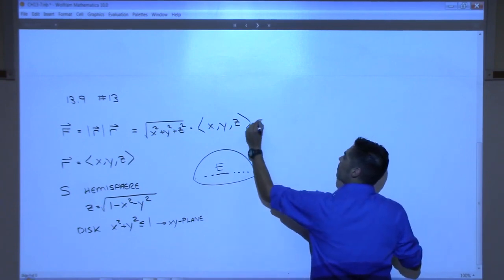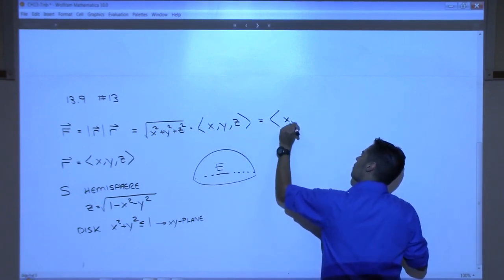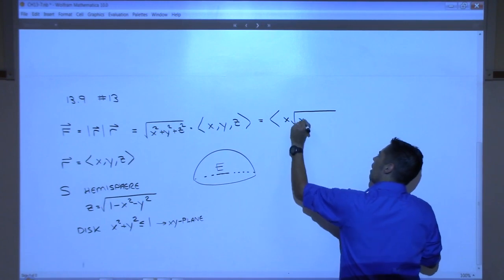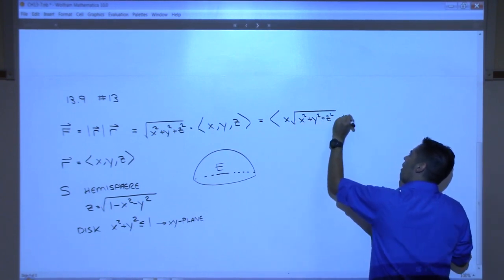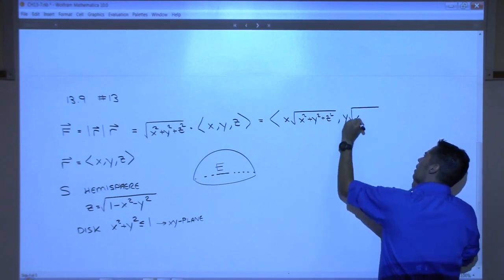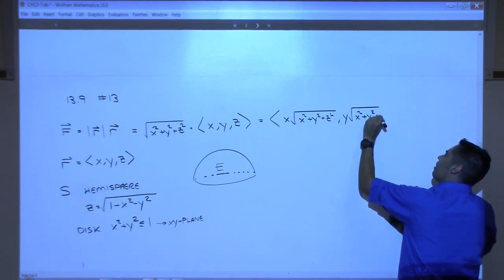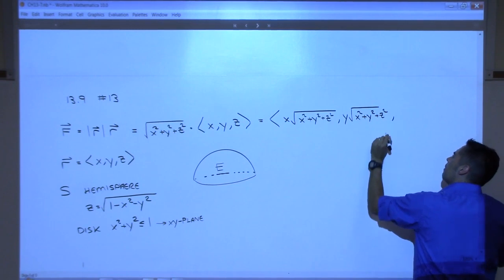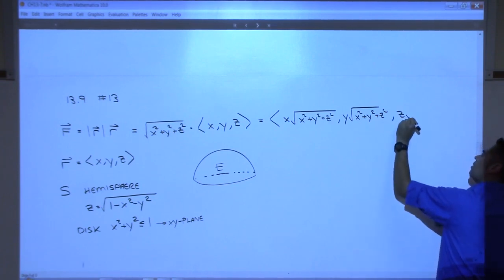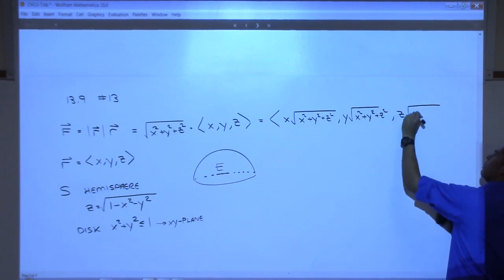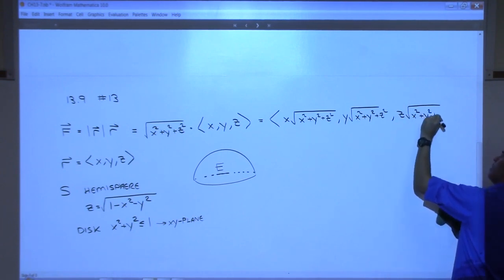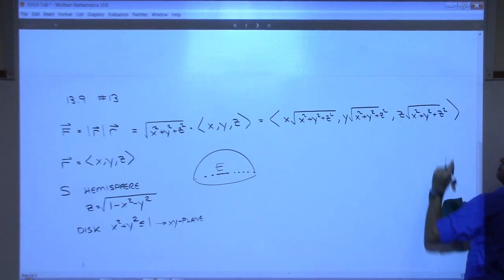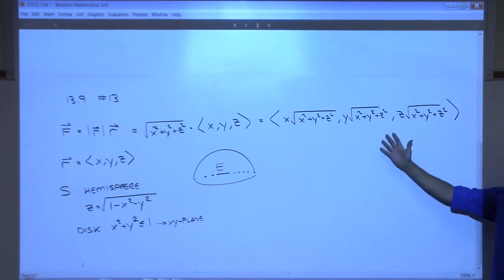So this becomes x times root of x squared plus y squared plus z squared, y times root of x squared plus y squared plus z squared, z times root of x squared plus y squared plus z squared. That's my vector field. It's ugly.